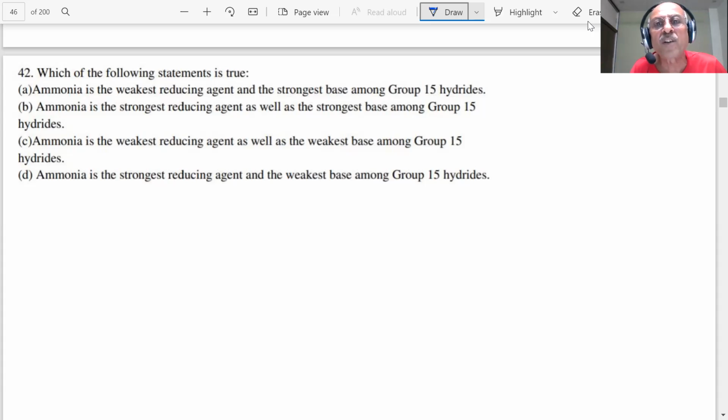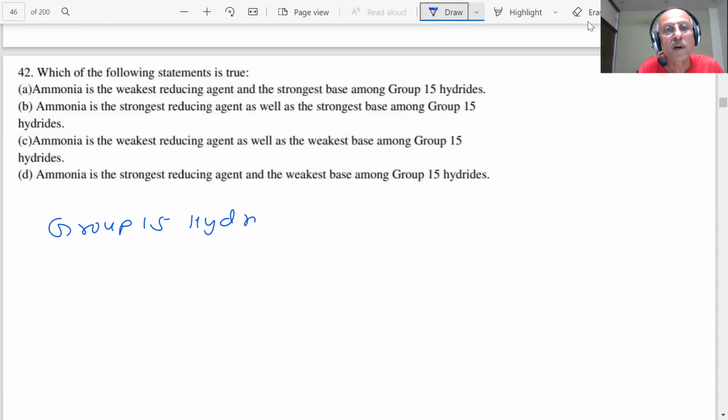Ammonia is the weakest reducing agent and strongest base among group 15 hydrides. What are the group 15 hydrides, student? NH3, nitrogen, phosphorus, arsenic, antimony, bismuth.